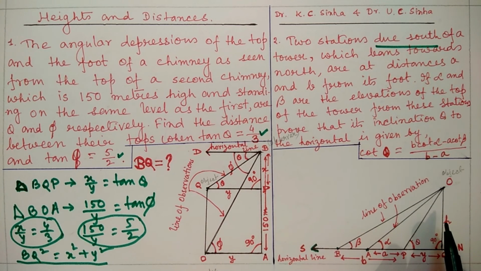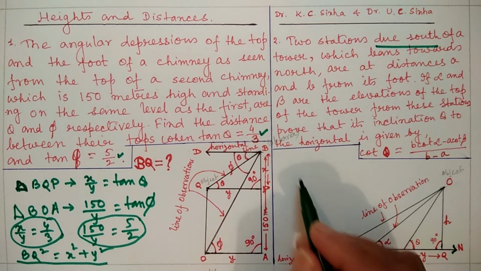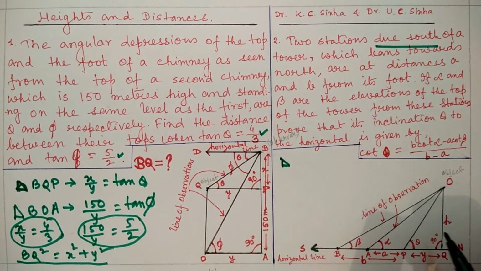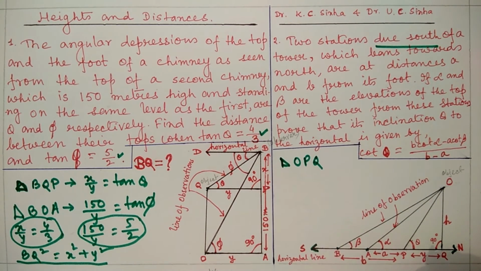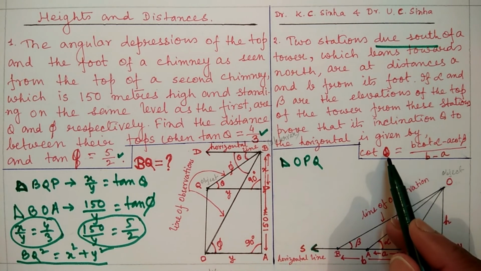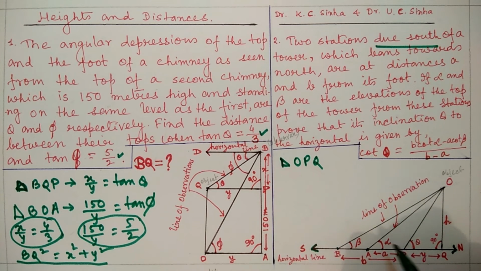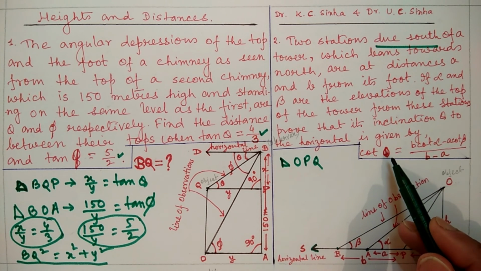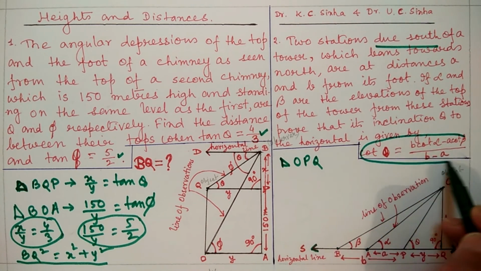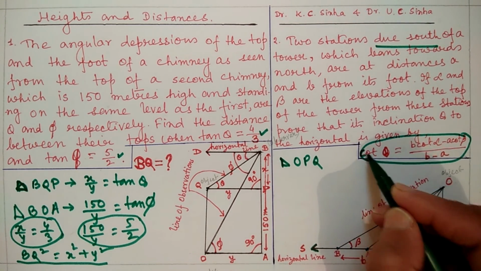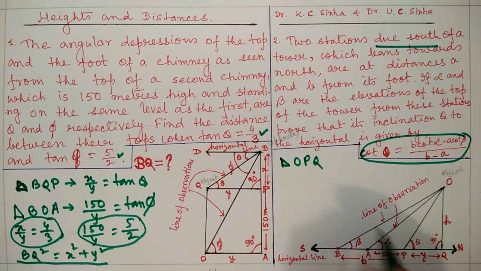One is triangle OPQ. In this right angle triangle, tan theta is equal to H by Y. Here cot theta is given, so first we'll find tan theta, then we'll reverse it to get cot theta. We have to prove this one.